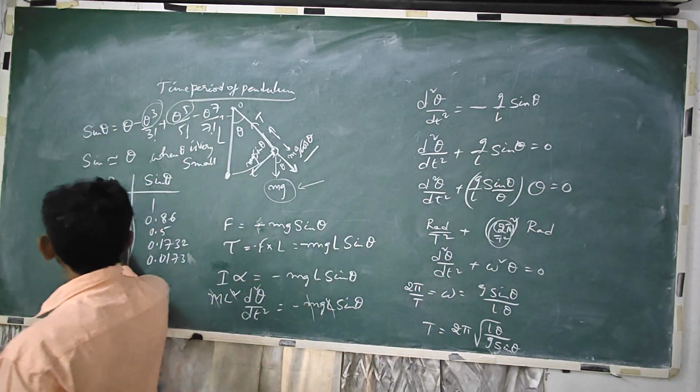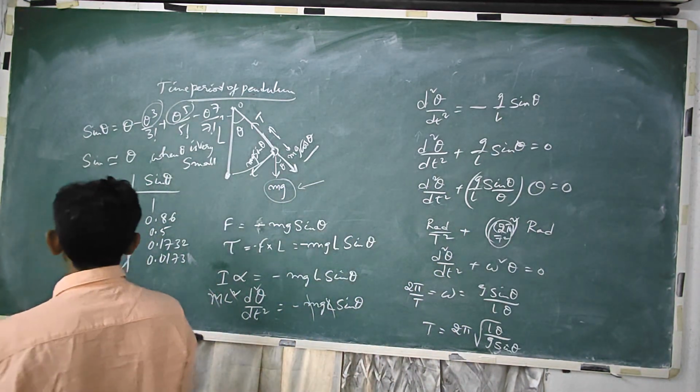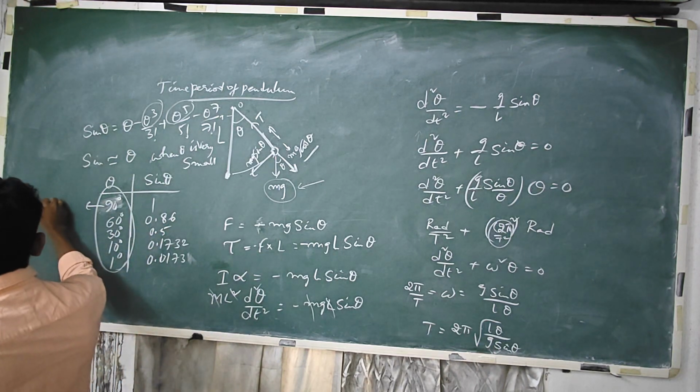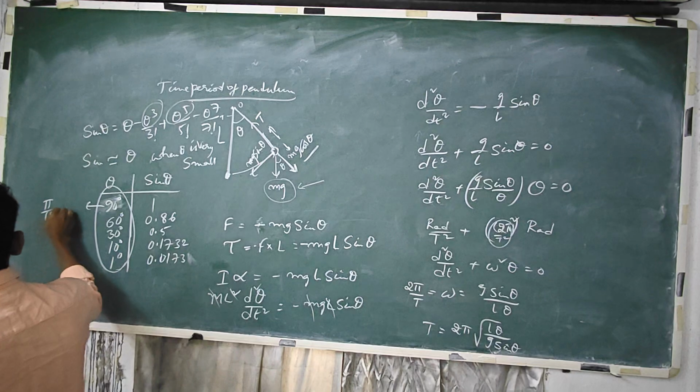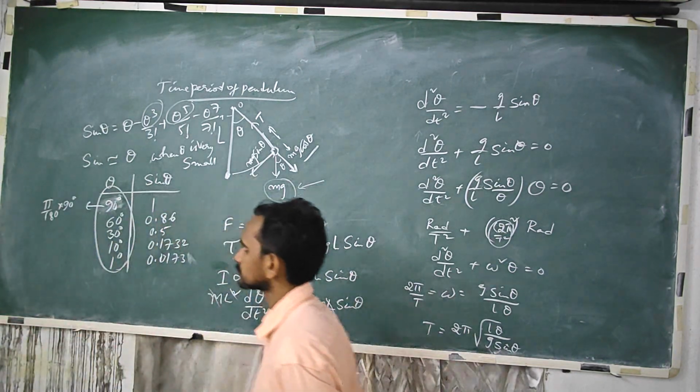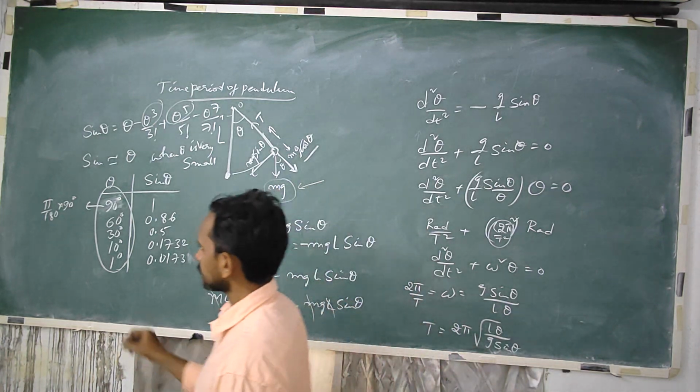Okay, so if you convert this number into radians, 90 degrees is what? Pi by 180 into 90. So this is pi by 2.